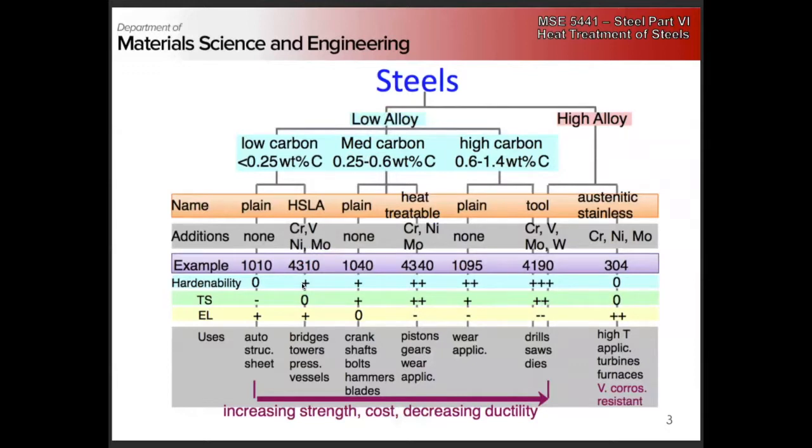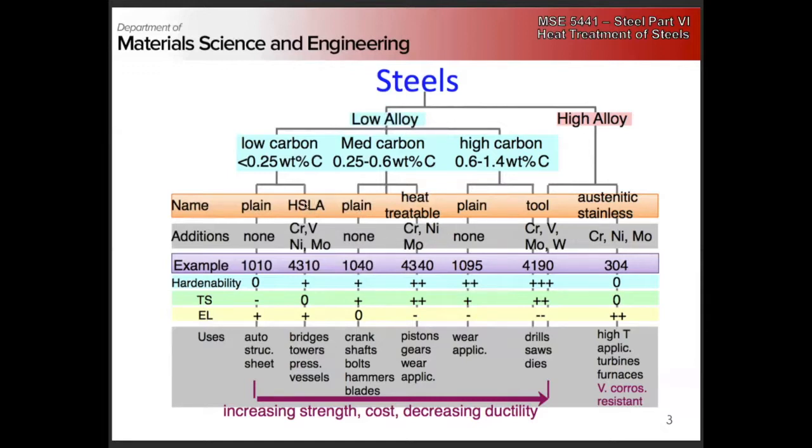Okay, so let's go back to our classification that we talked about in the beginning, presented in a slightly different way. We can break down steels generically into low alloy and high alloy steels, right? And then further break it down into low carbon, medium carbon, high carbon, right? With plain carbon steels can either be low carbon, medium carbon, or high.